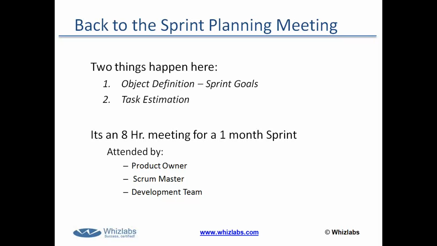He wants to keep everybody in line in terms of the framework of how this developer should develop. And the development team needs to get clarification from the product owner. That's why this is an 8-hour meeting where the product owner explains and clarifies each of these user stories to the development team. The development team then asks questions and clarification.